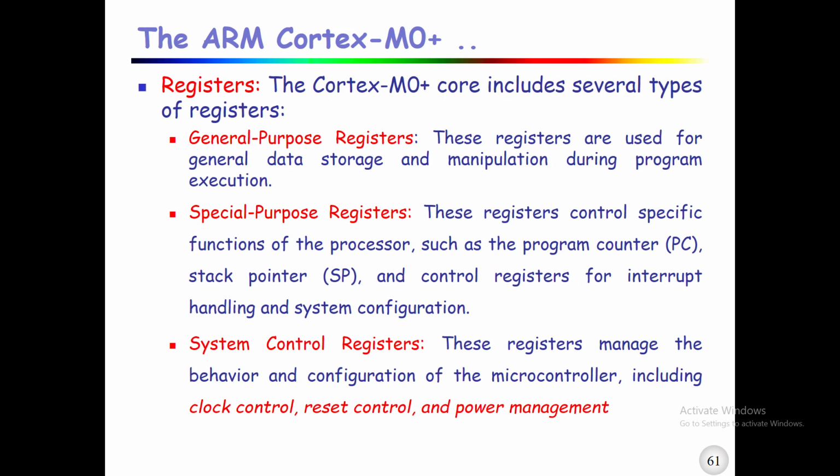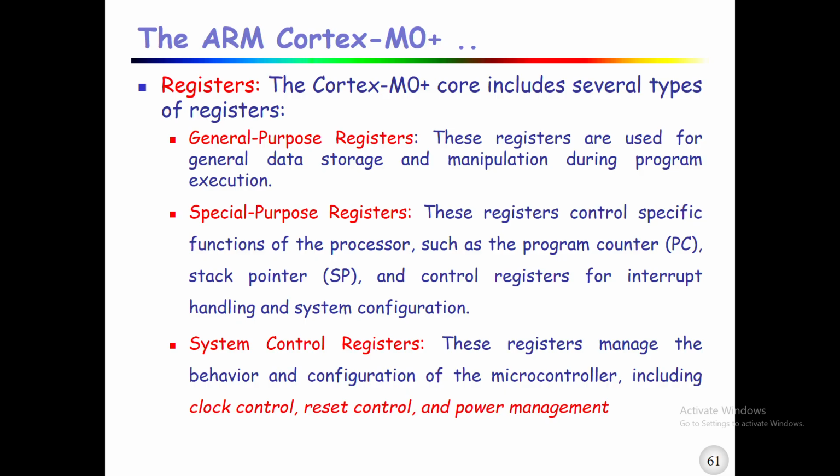When we see the registers, they include general purpose registers. Whenever we are using these kinds of registers, they are used for data storage and manipulating different data during the program execution. So that's what we call general purpose.